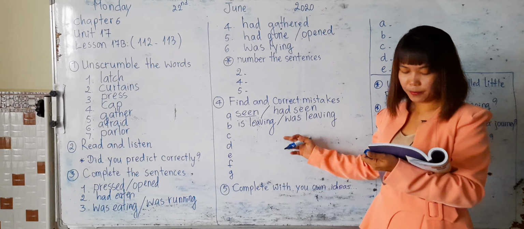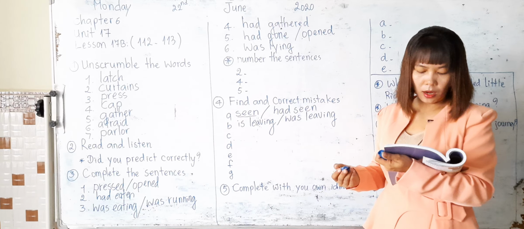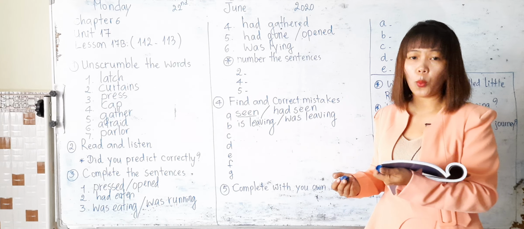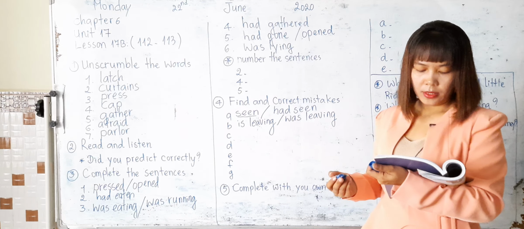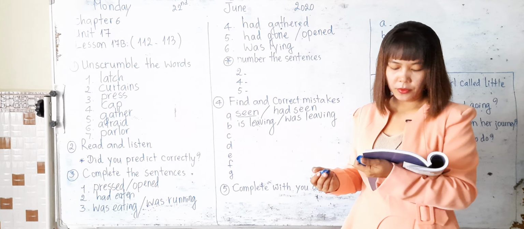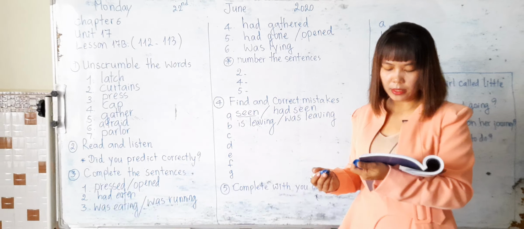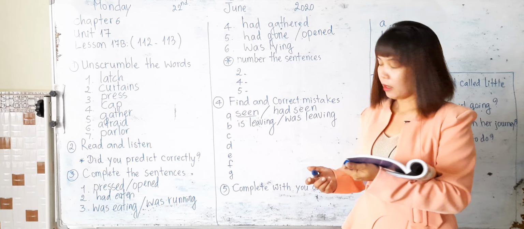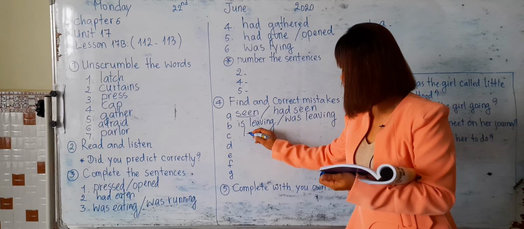Okay, C. I couldn't lock up my bicycle because I left my key at home. So, which word is wrong? The wrong word is left.